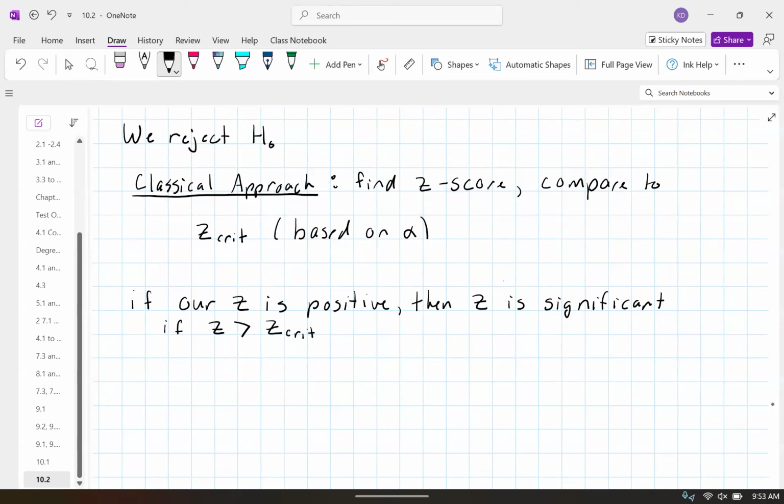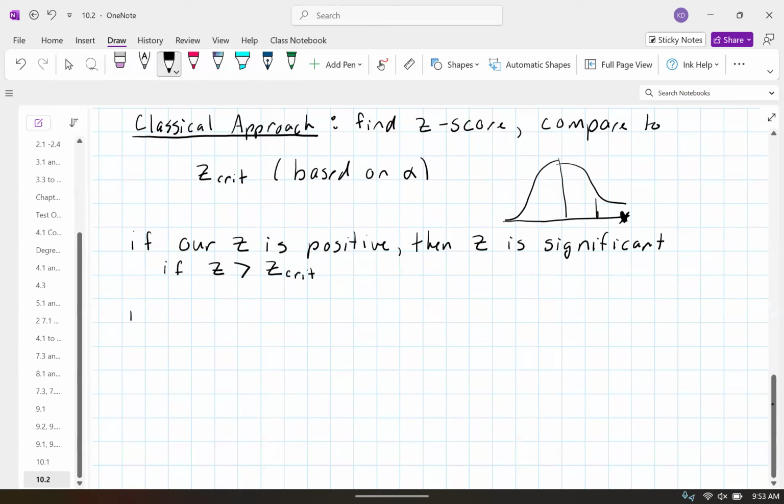If you remember our little picture, our Z crit's going to be here-ish, and we want ours to be farther away from the mean than our critical value. If it's negative, we go the other way.